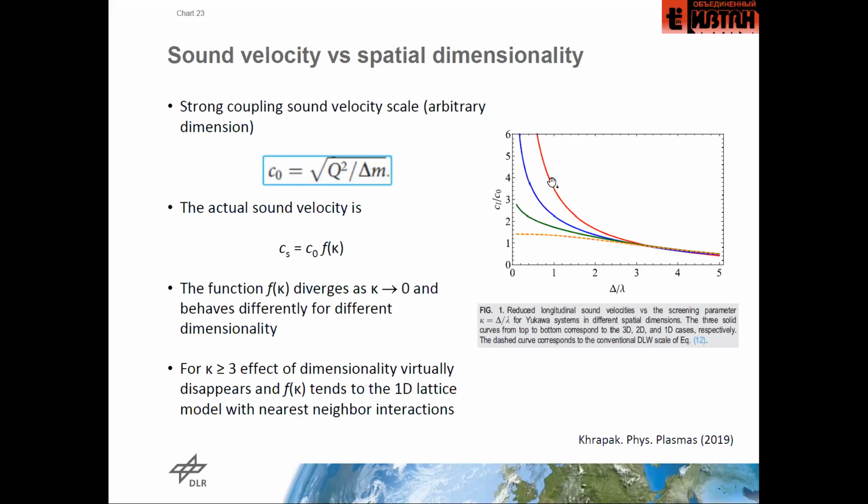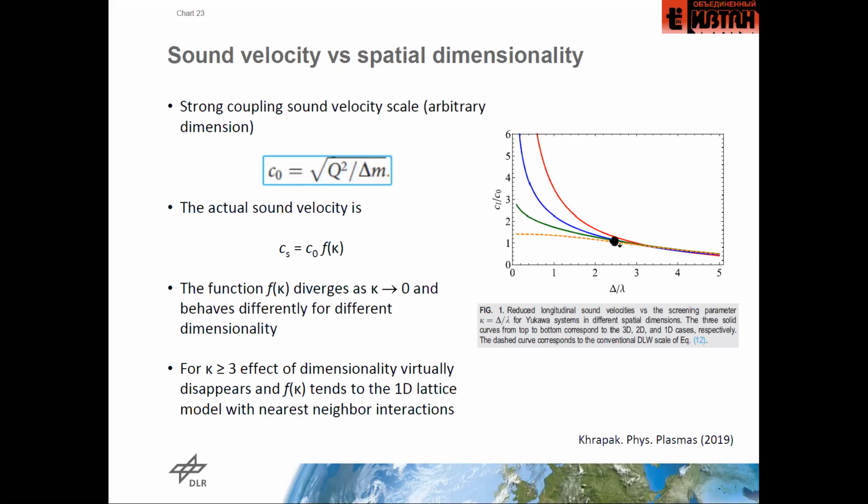Here, the results are shown for the 3-dimensional red curve, the 2-dimensional blue curve, and the 1-dimensional situation. But with increase of kappa, the effect of dimensionality virtually disappears, and the function approaches the approximation of a one-dimensional lattice with nearest neighbor interactions.